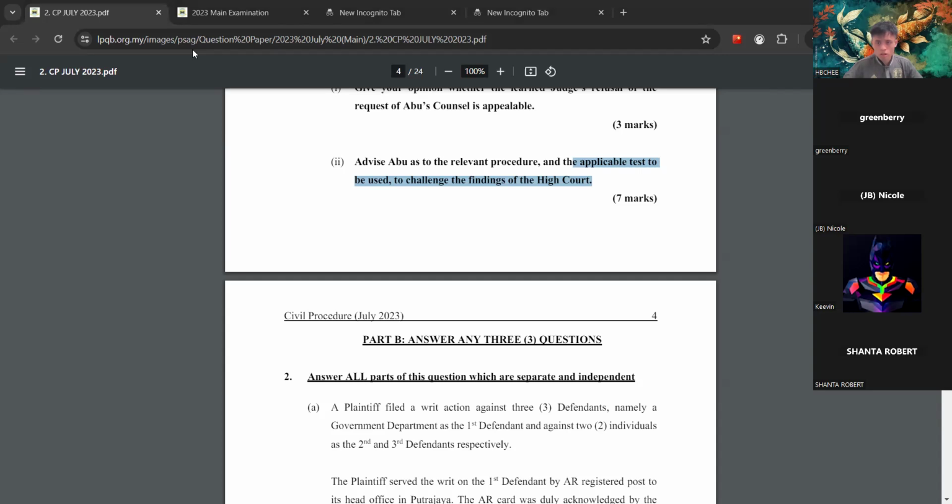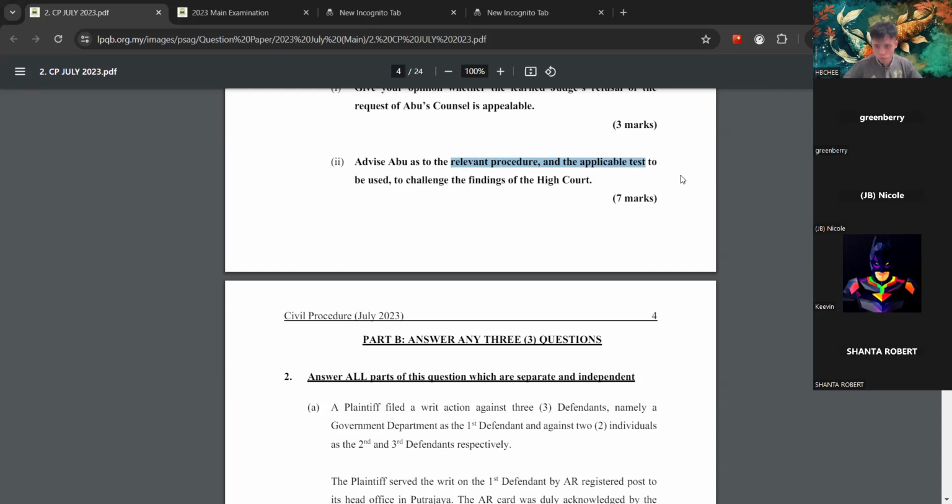Okay, I think everyone can look into Cindy's answer because the core issue is on the relevant procedure and the applicable test to be used to challenge the finding. Therefore, the keyword is relevant procedure and the applicable test, so that your answer should be based on stay of execution.